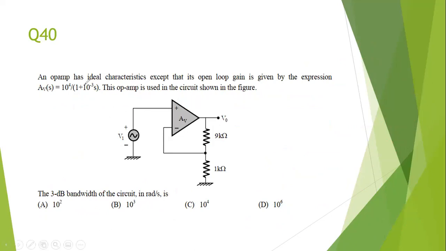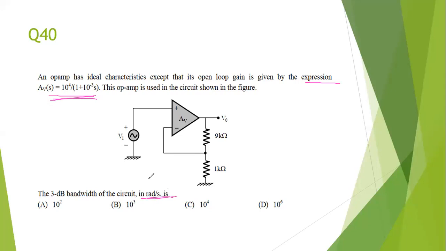The next question is a very important question. The open loop voltage gain expression is given. This is your open loop voltage gain expression. What is the 3 dB bandwidth of the circuit shown in the figure? My dear students, how can you find the 3 dB bandwidth?